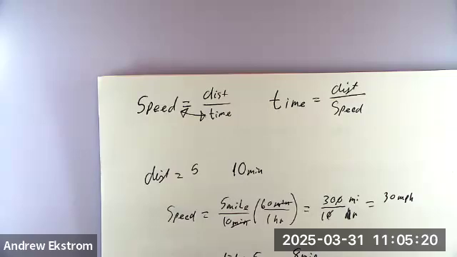I can highlight all of these values here, and I'm going to format the cell. Number, we could actually do it out to 0 decimal places.